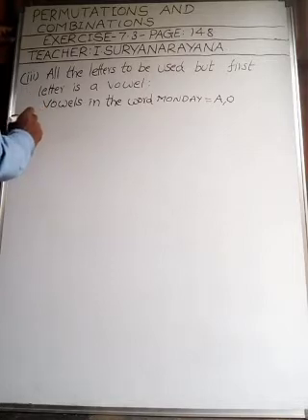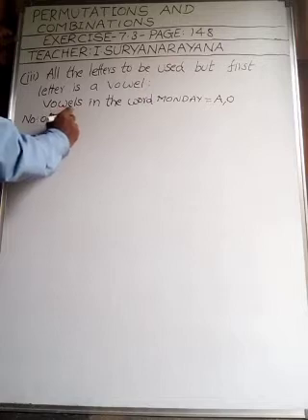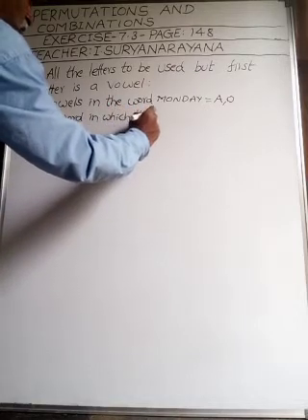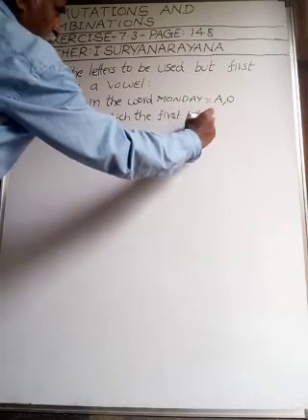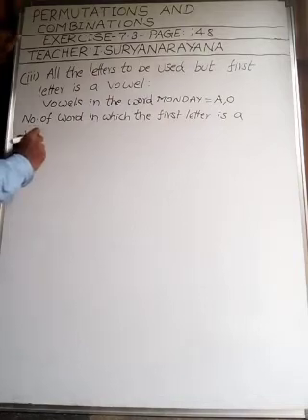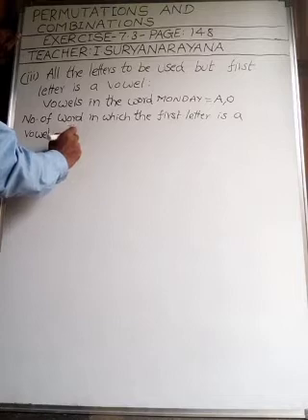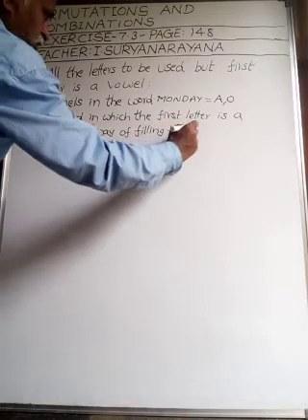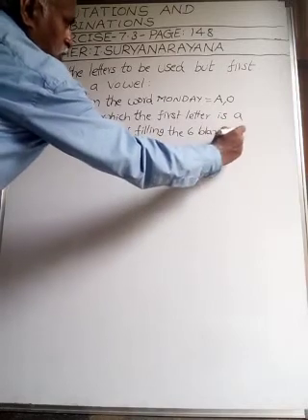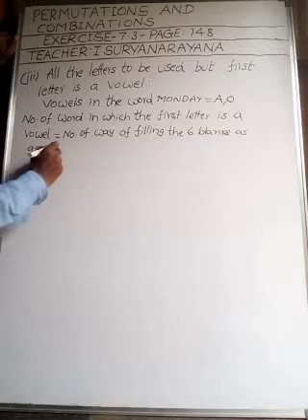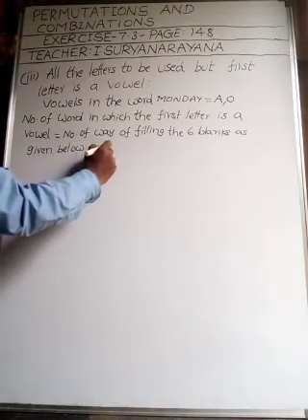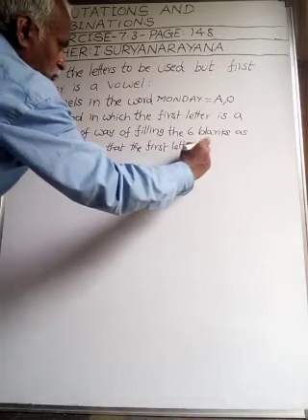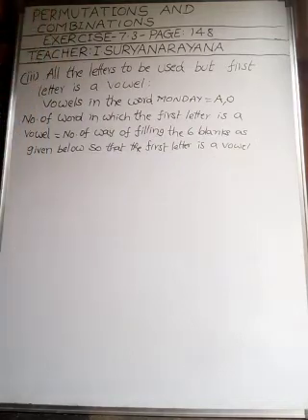So, the number of ways, the number of words in which the first letter is a vowel is equal to the number of ways of filling the 6 blanks as given below, so that the first letter is a vowel. Okay, my children.